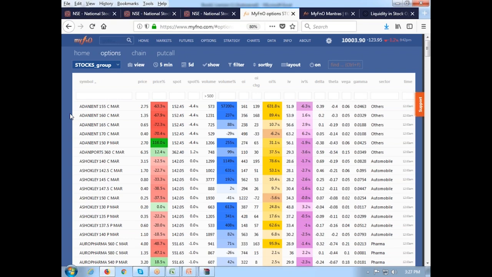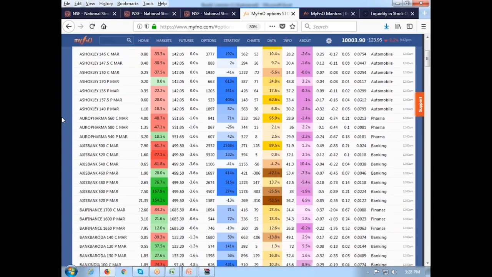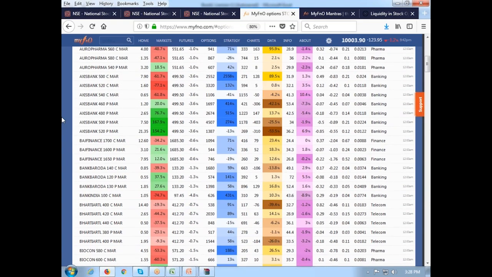What I did was filter stocks with volume greater than 500. You can do it greater than 1000 also. The purpose remains: which underlying comes in more often. So that will be my benchmark for liquid option contracts. You will not find Andhra Bank, but you will find Axis Bank.